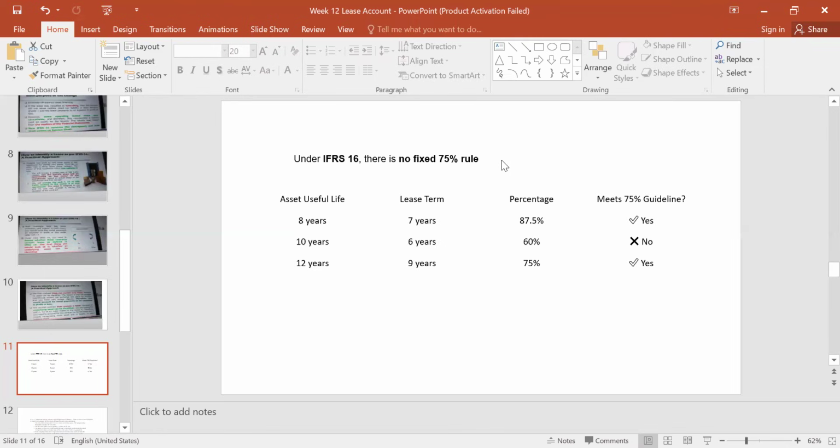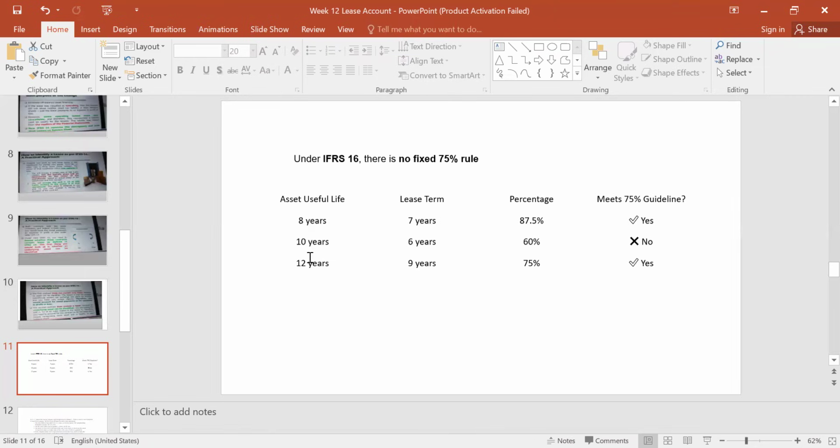There is a clear example: asset useful life, lease term, percentage meets 75% guideline. Say, for example, 8 years useful life, you continue the lease minimum 7 years, then 87.5%. Yes, this is okay for a lease.